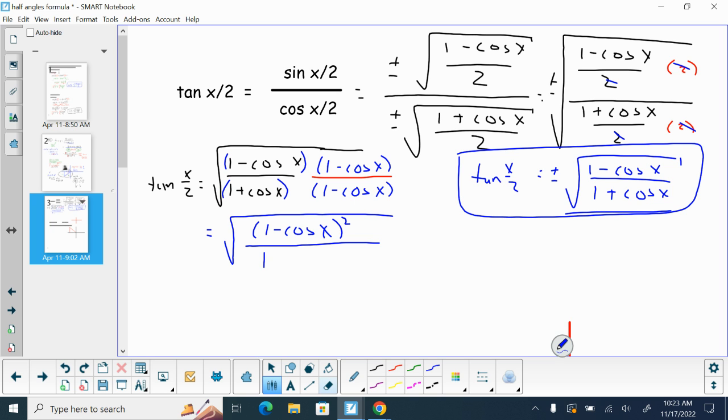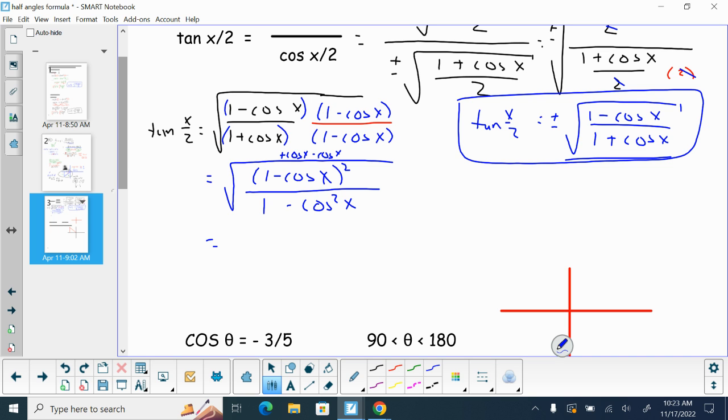I have a plus cosine x minus cosine x, they go away. Difference of perfect squares. Then I have a minus cosine squared x. So on the bottom, I have 1 minus cosine squared, which is equal to what? Sine squared.